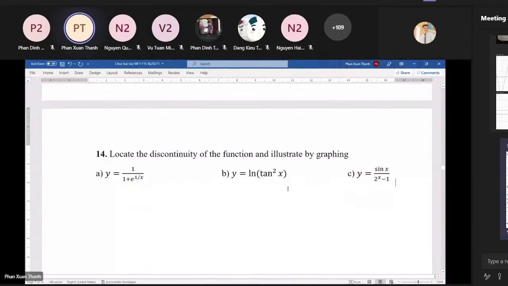Okay, this is exercise 14. So what does locate mean? You have to find the point where the function f is discontinuous.